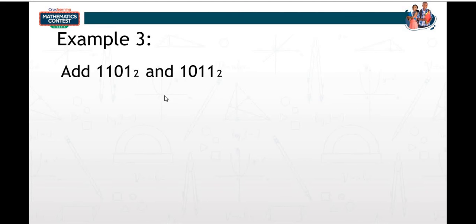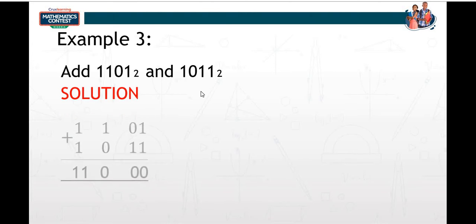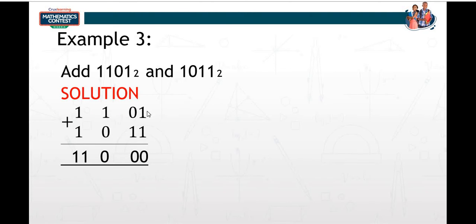We'll move over to example 3. Let's add 1101 base 2 and 1011 base 2. So I will add 1 plus 1 is 10. I will put 0, carry 1 over, add it here, becomes 1, and 1 plus 1 is 10.